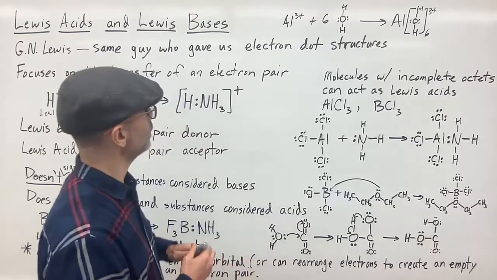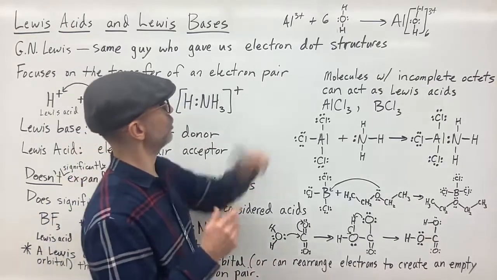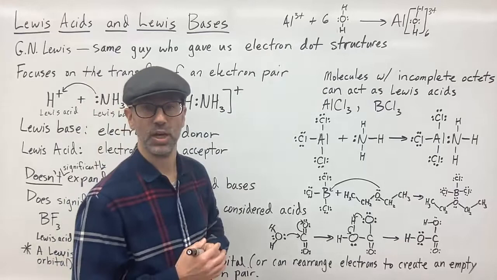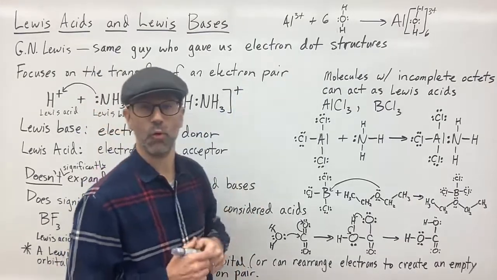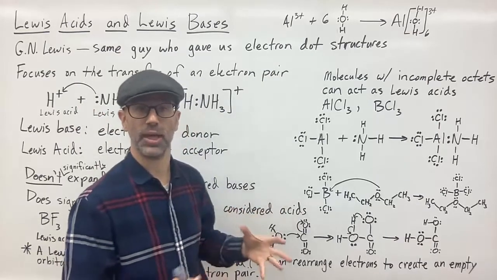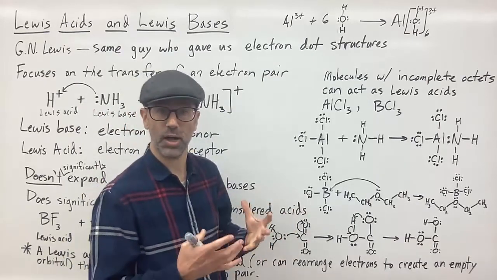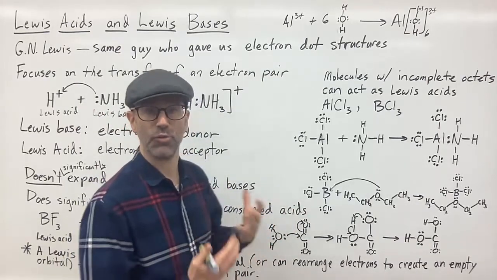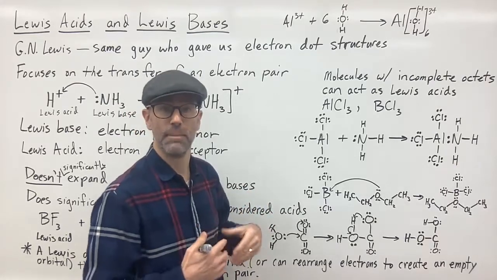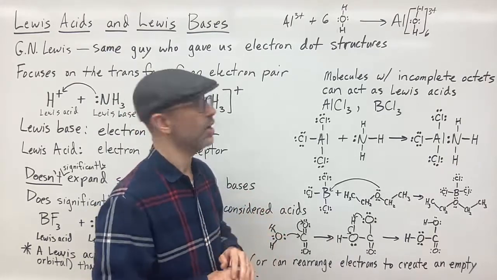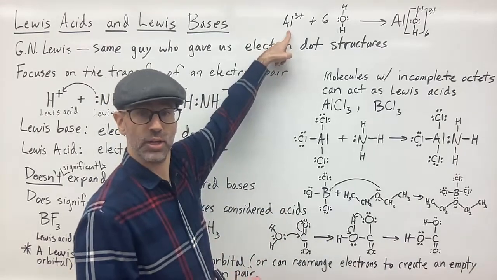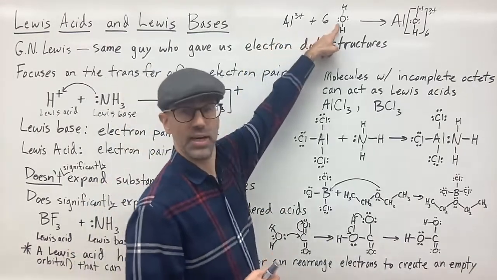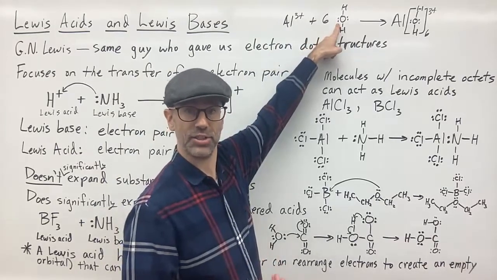Okay, so finally, what about certain cations can also be Lewis acids now? So here we have aluminum. We've seen this before in a previous video where aluminum can form a complex with 6 water molecules, and that allows for the aluminum to make the solution acidic. So here, aluminum has empty d orbitals. So here we have the electron pairs on the oxygen.